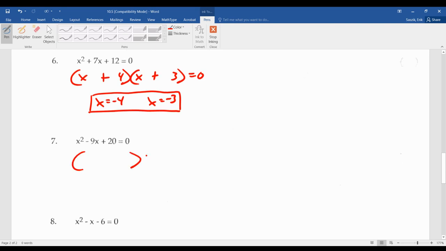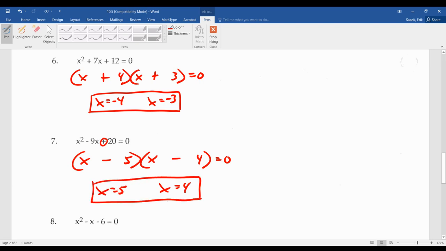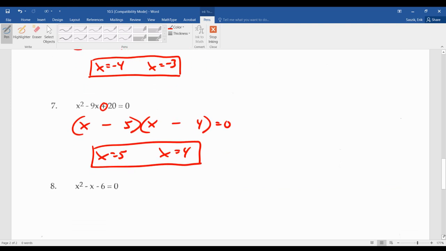There's no GCF here, so I go to the double parentheses. I'm going to use 5 and 4 here. This tells me the signs are the same, and that tells me they're both negative. But remember, that's not my answers. My answers are 5 and 4, because that's what's going to make both of those parentheses come out to 0.